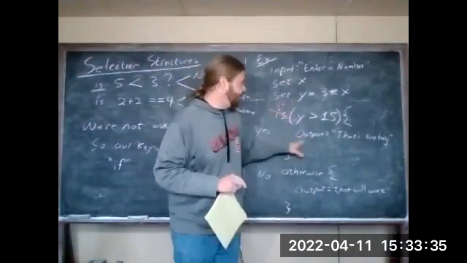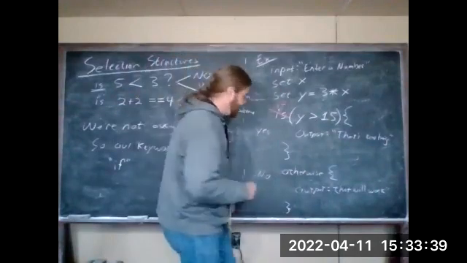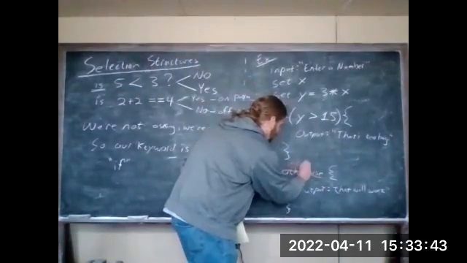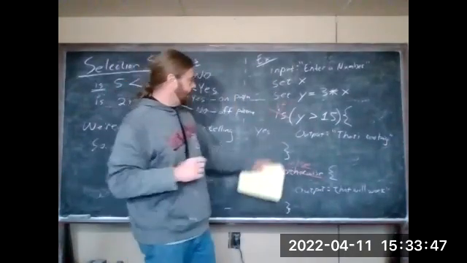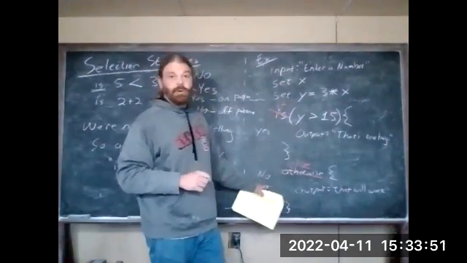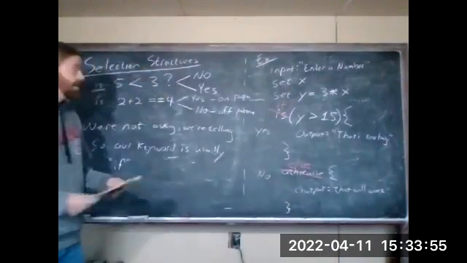If it is, then it follows this pattern. If it's not, our keyword is usually going to be else. So if it's yes, else, it's no, and that distinguishes which pattern the computer is going to follow.